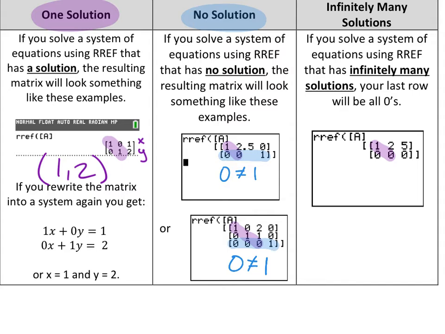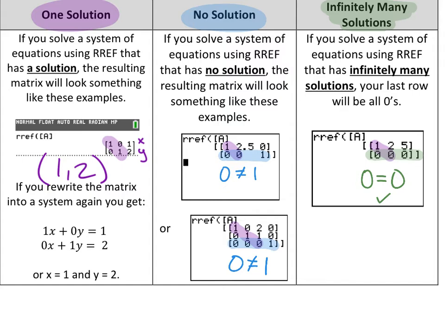If your diagonal is not all ones, but the bottom is all zeros, do you see how this one has all zeros? You're saying the math sentence that 0 is equal to 0. Is that true? When that happens, you would answer infinitely many solutions. Okay? Those are your options for today.